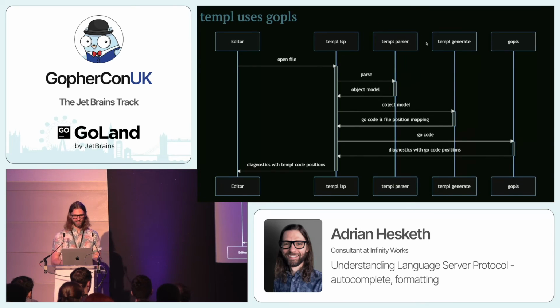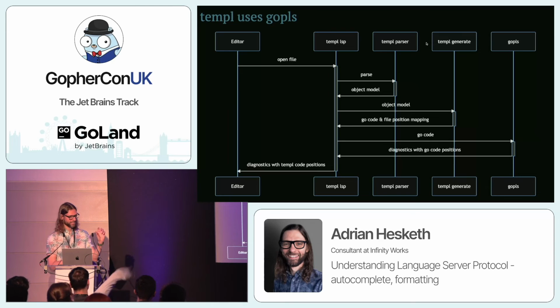And what Temple does here is it creates an LSP implementation and then parses the Temple file, works out which bits of that are Go code, generates the Go code, and produces a position mapping of where that Go code relates to the Temple code.